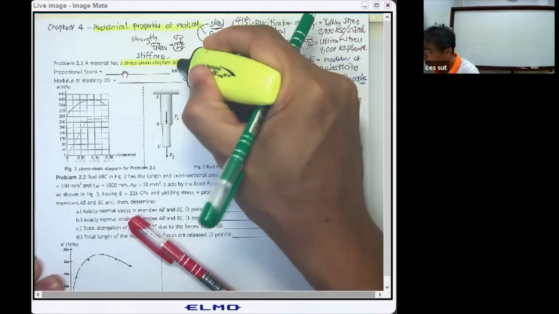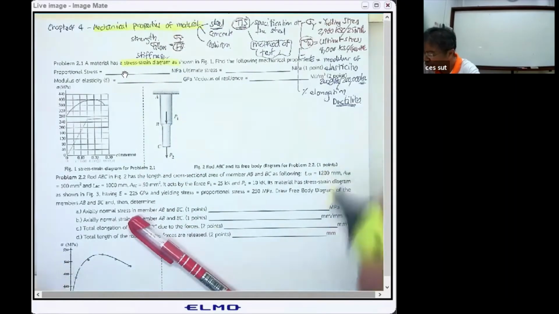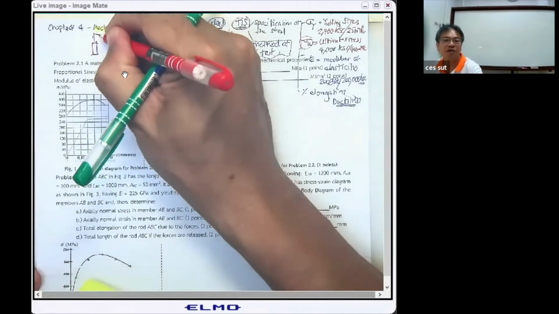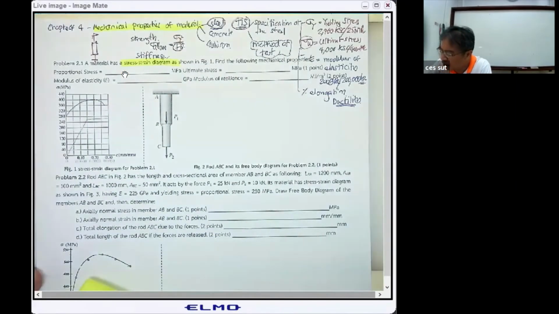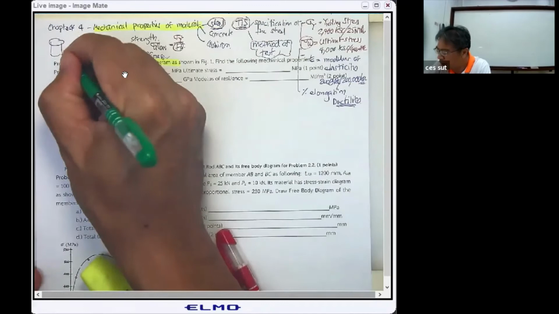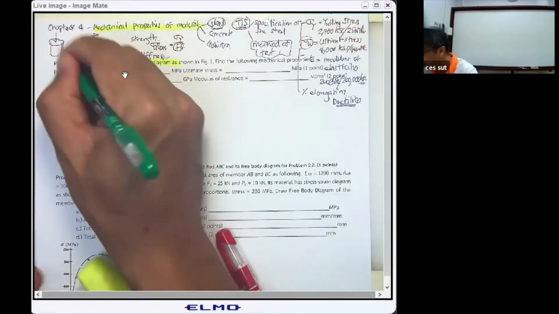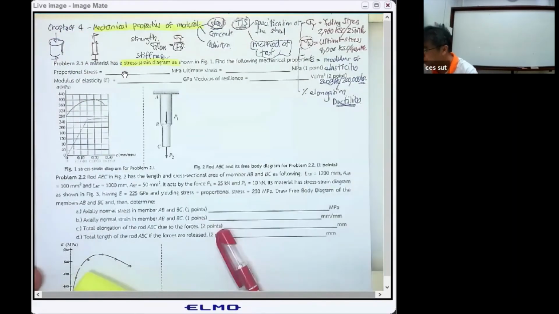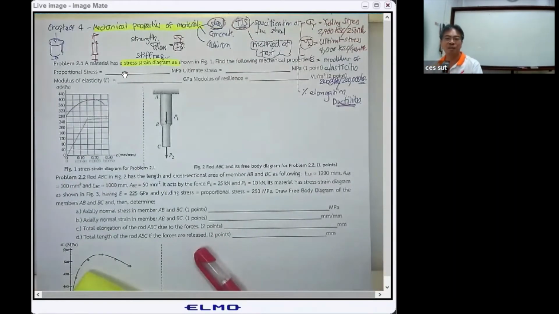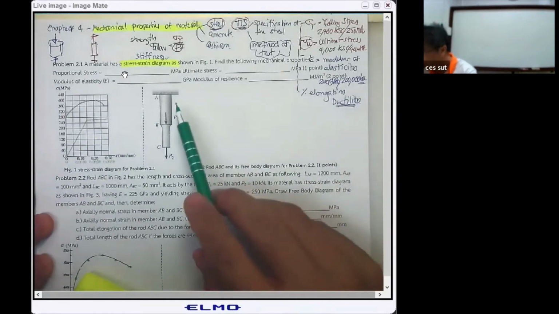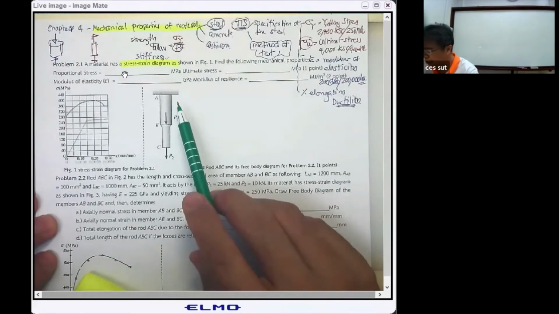For example, if we're talking about steel, most of the time we test the steel in tension because most of the steel is subjected to tension. But if you test concrete, many times you test it in compression because concrete is used mostly in compression members. By doing this, the example is asking you to determine the proportional stress.